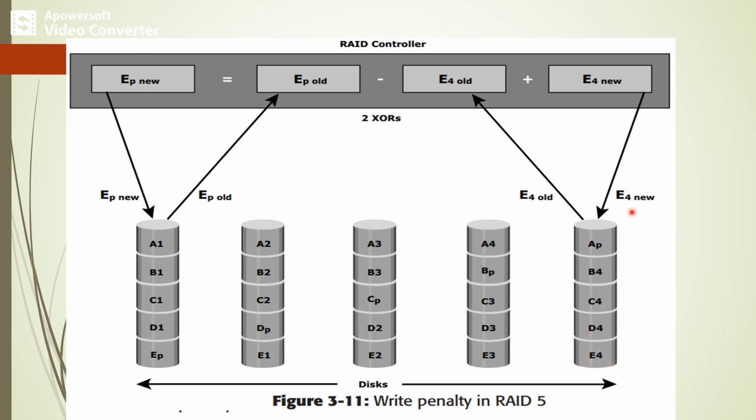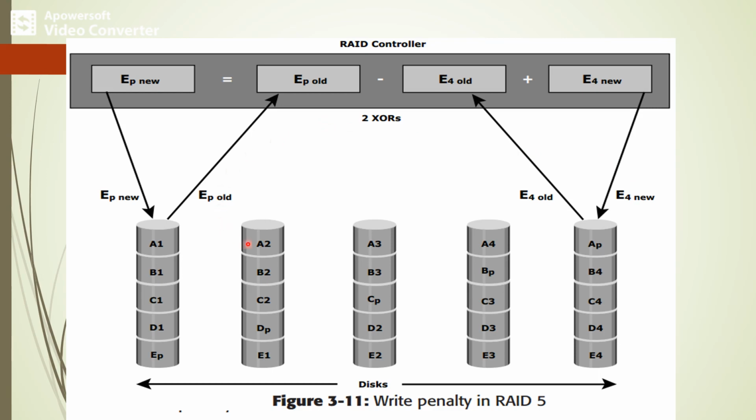Whenever a new write comes, I have to compute the new parity value. In order to compute the new parity, I need to read the old data as well as the old parity value. How can I compute the new parity value? EP new is equal to EP old minus E4 old plus E4 new.